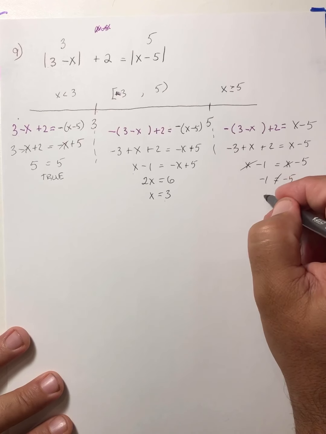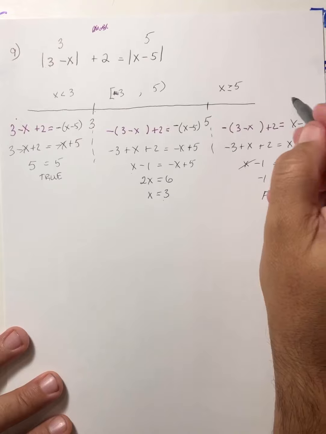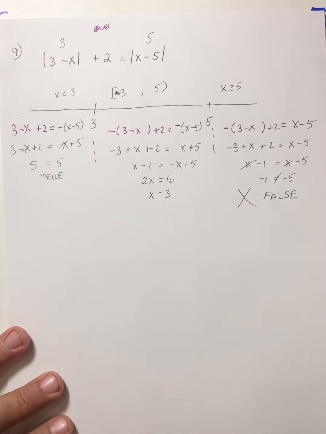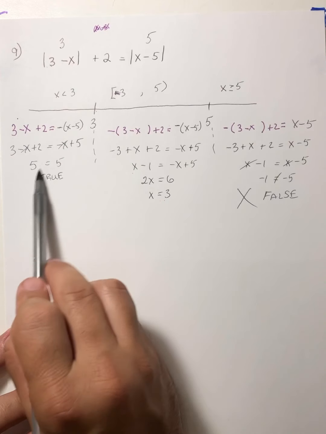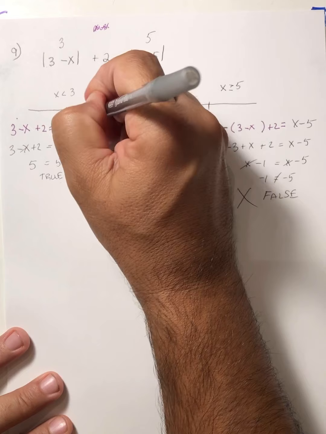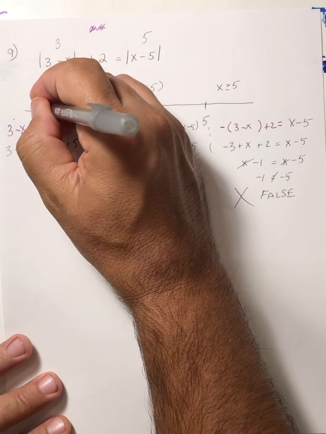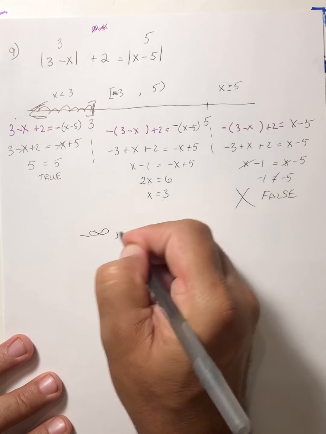So this is a false statement, which means there are no answers over here. So your answer can't just be 3, because remember, this was a true statement. Technically it's 3 and all of these values over here. So that's negative infinity to 3.